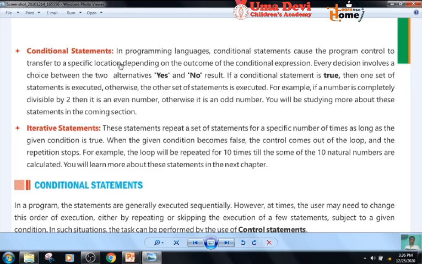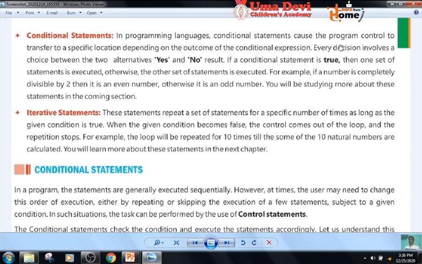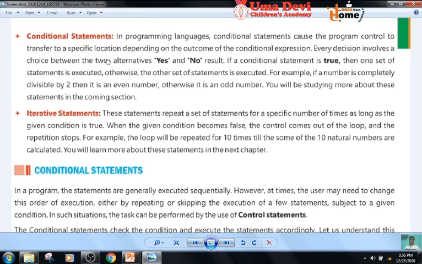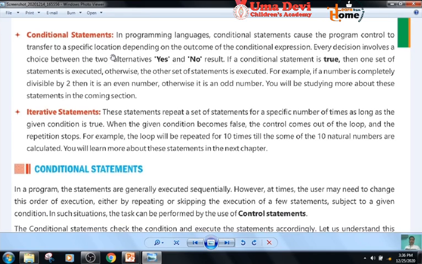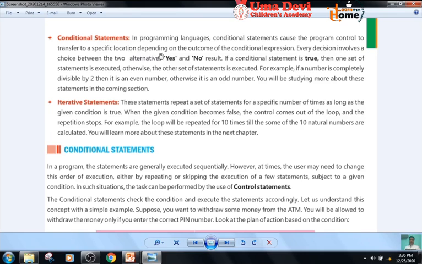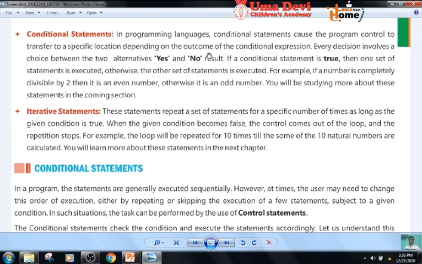In programming languages, conditional statements cause the program control to transfer to a specific location depending on the outcome of the conditional expression.